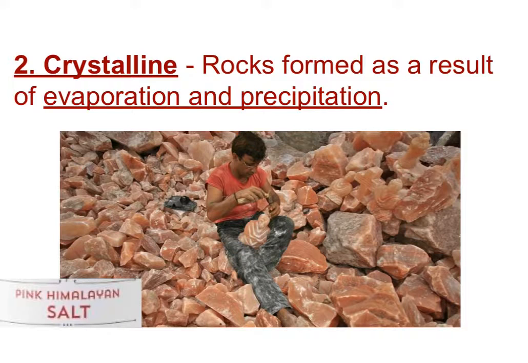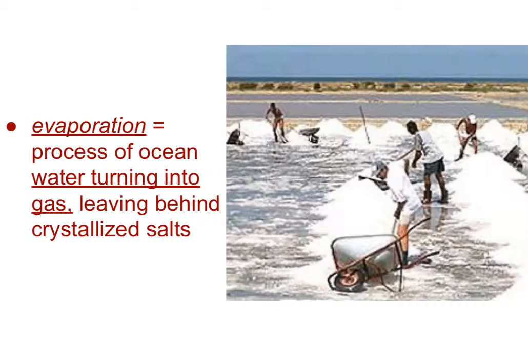All right, and the second type of sedimentary rock is called crystalline. It's called crystalline because these are rocks that form crystals, and they form those crystals because of evaporation and precipitation. Now, you're probably already familiar with evaporation, which is just when water evaporates, it turns into a gas, from a liquid to a gas.